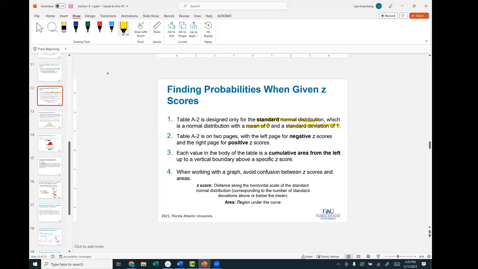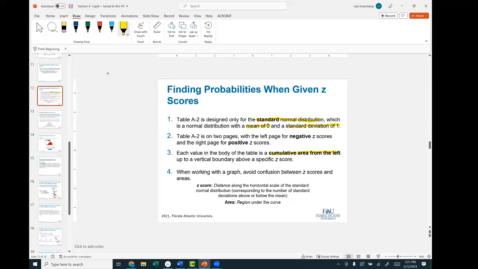There's going to be two tables, two pages to the table, one for the negative z-scores and one for positive z-scores. Each value in the body of the table is the cumulative area from the left to the vertical boundary above a specific z-score. Well, I'll show you what all this means.